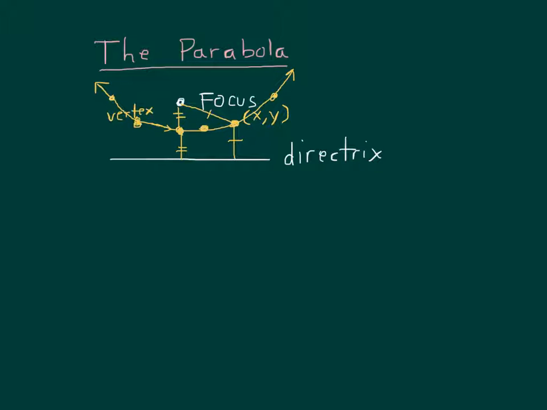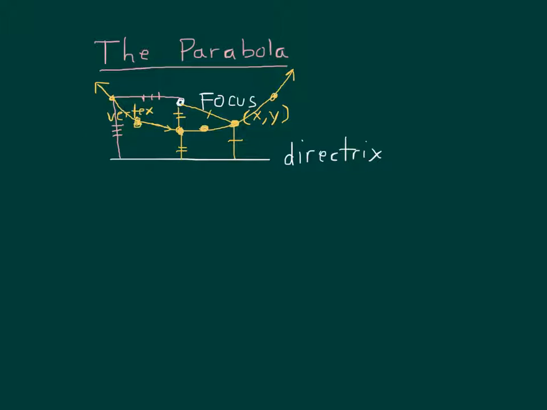And for any point on this parabola, all along here, forever, if I took, for instance, this point right here, and figured out the distance to the focus and to the directrix straight down, this distance would be the same as this distance here.